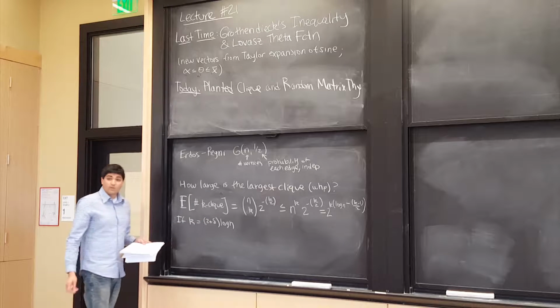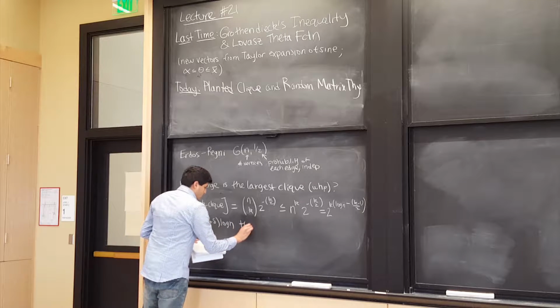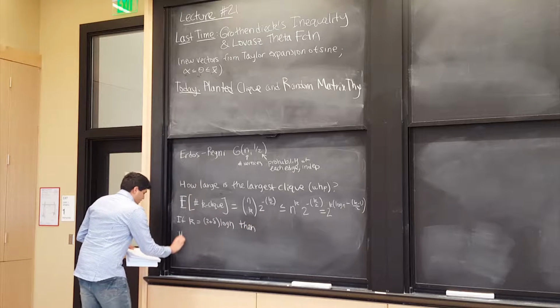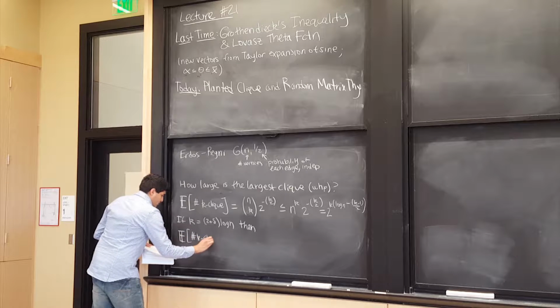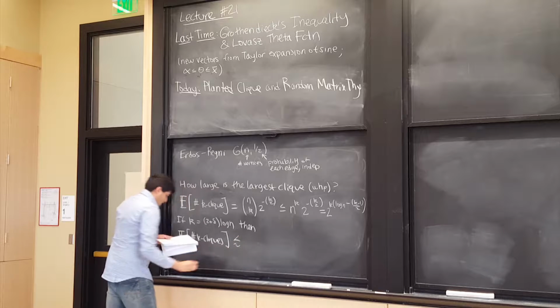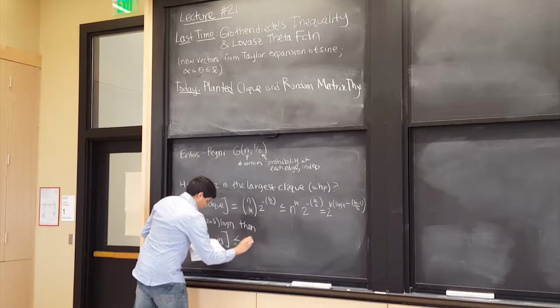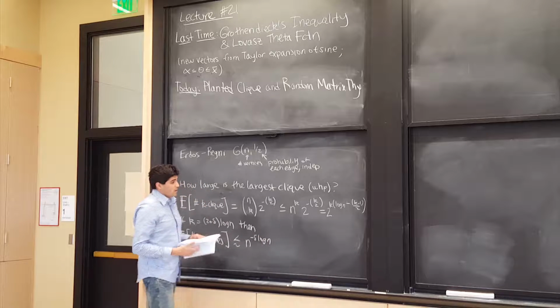Now if I take k to be 2 plus delta times log n, then our calculation tells us that the expected number of k-cliques behaves roughly like n to the minus delta log n.